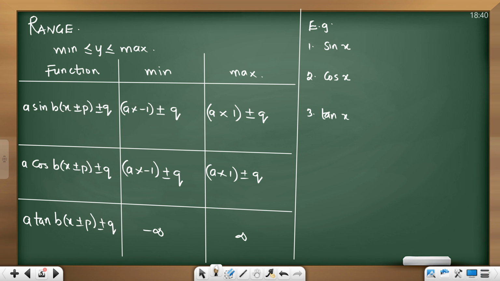Now, if I look at sin x, what is the value of a there? 1. What is the value of q? 0. So if we throw that in there, what's our minimum going to be?